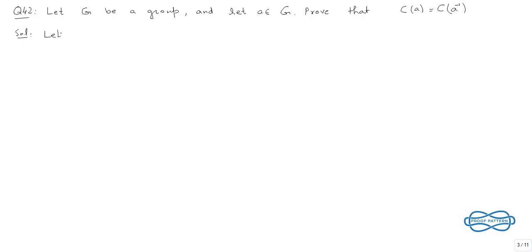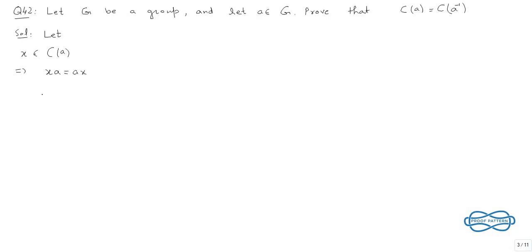Let x belong to the centralizer of a. By the definition of the centralizer, whenever an element belongs to the centralizer, it must commute with a. This means xa is equal to ax.